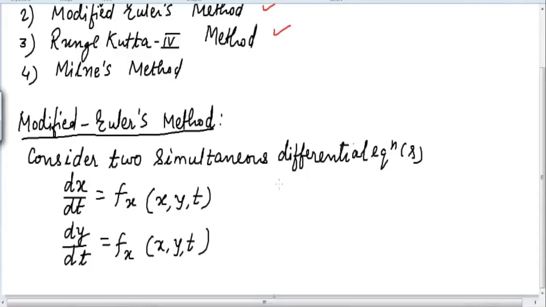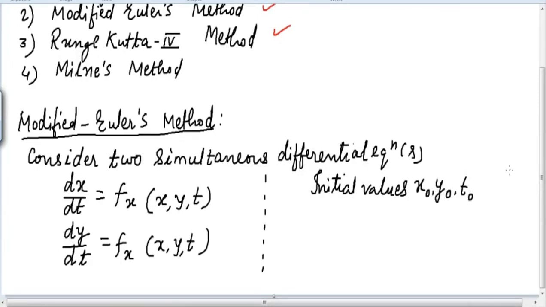Suppose I say that the initial values are, let's say, x0, y0 and t0. So these are the beginning of the time step, and step size is suppose h.